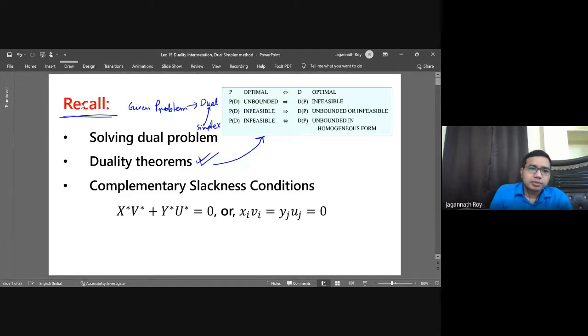Also, we have seen the complementary slackness. If x star is the primal optimal solution, these are slack, dual slack. This is dual optimal, dual basic variables.